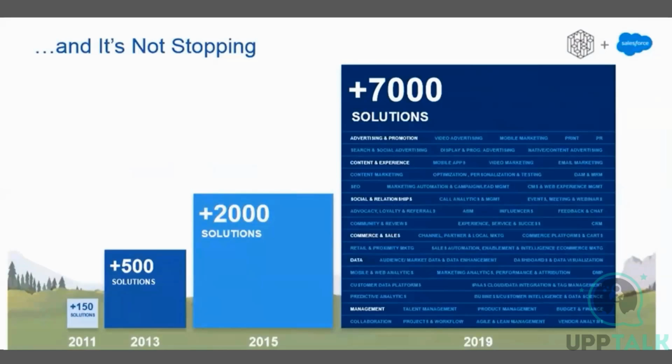But let's see how the solutions have evolved. You have advertising and promotion, you have content experience, you have social, you have commerce and sales, you have data, you have management, and everything in between. People are talking of data science day in and day out now.